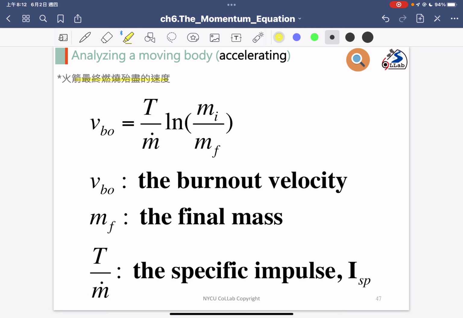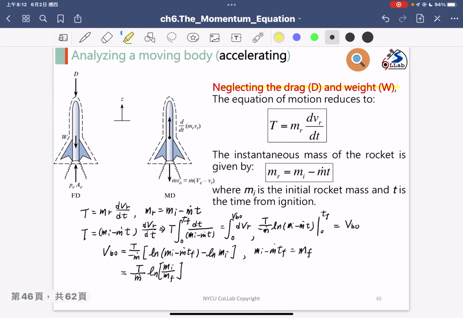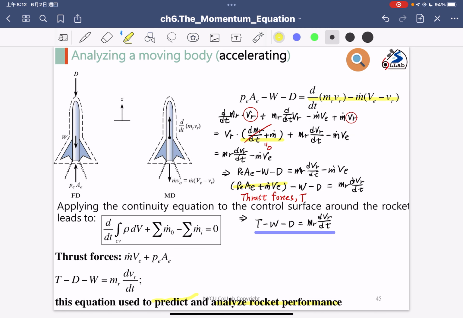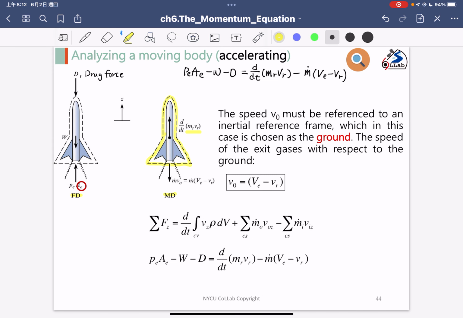So we need to go back to see the problems for the rocket equation shown here. To model the rocket behavior, we need to apply the momentum equation, and we need to decide the reference frame because our problem is under acceleration.